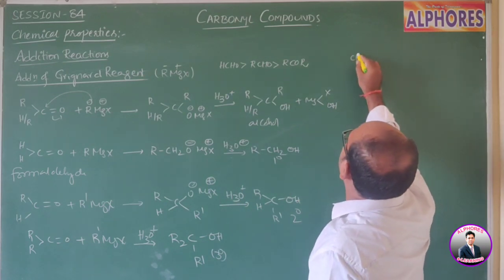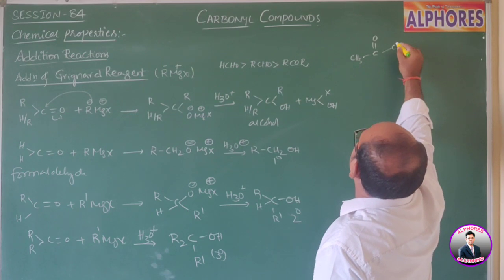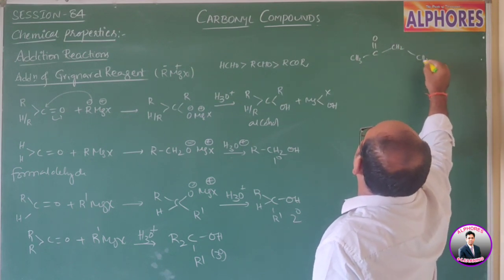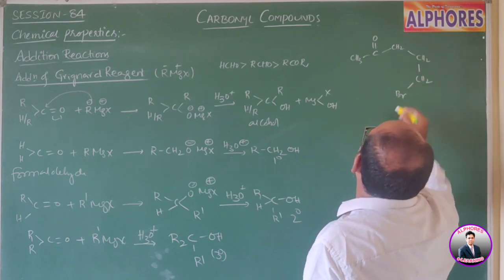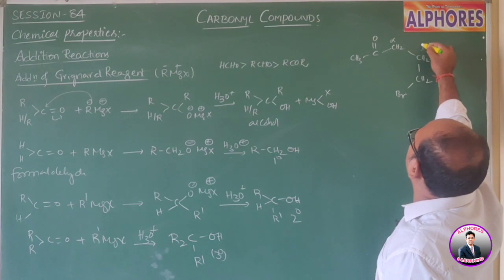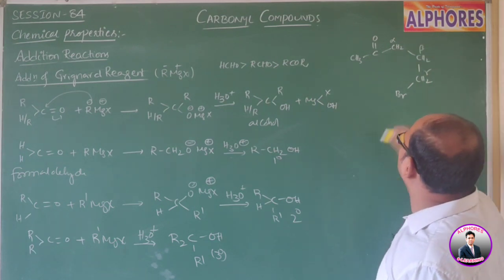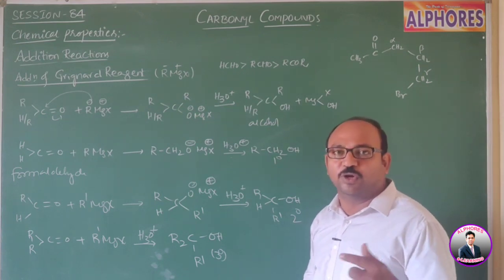Now, a ketone, say CH3-C(=O)-CH2-CH2-CH2-Br. With respect to the C=O, we have alpha, beta, gamma, so this is a gamma haloketone.